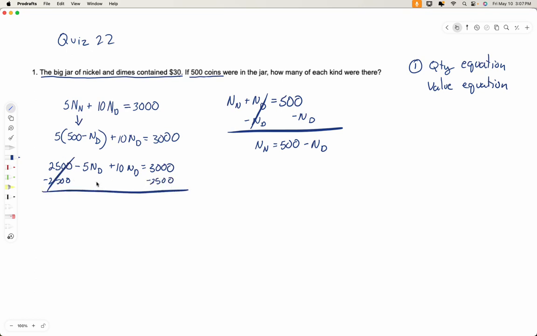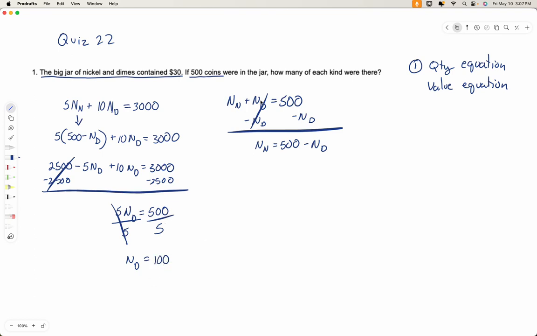This cancels, and if I take -5 from +10, I'm left with +5 times the number of dimes, and 3,000 minus 2,500 is 500. If I divide both sides by 5, they cancel each other out, so the number of dimes is 500 divided by 5, which is 100.